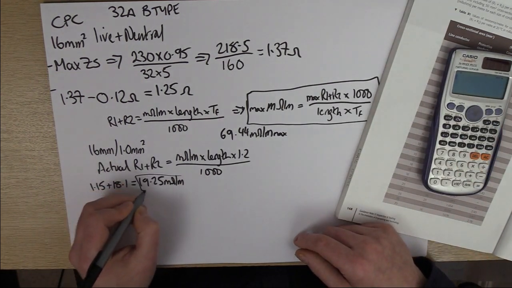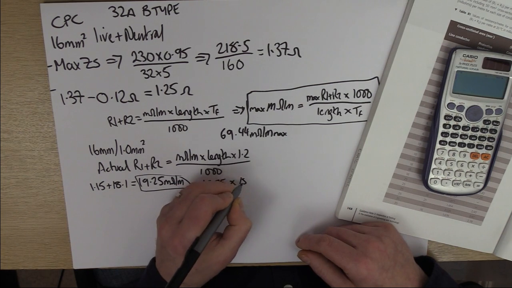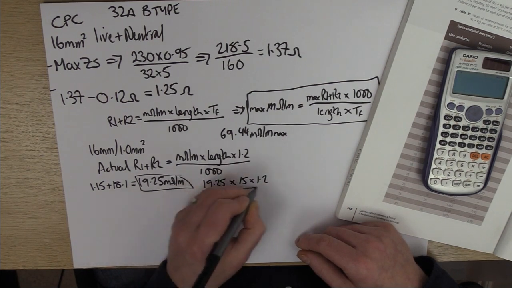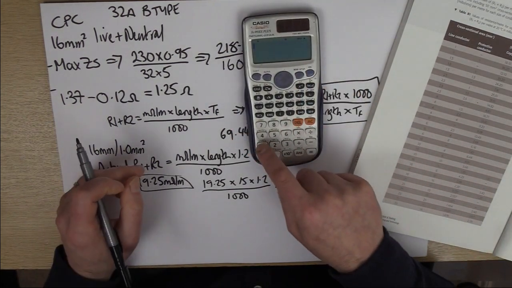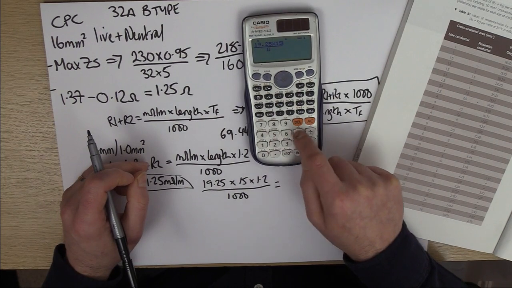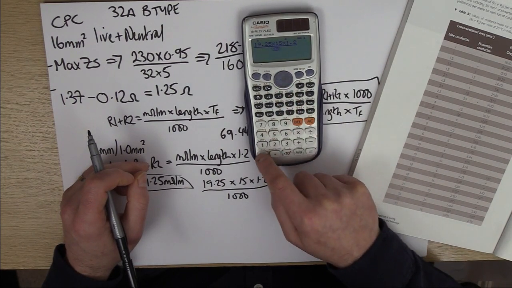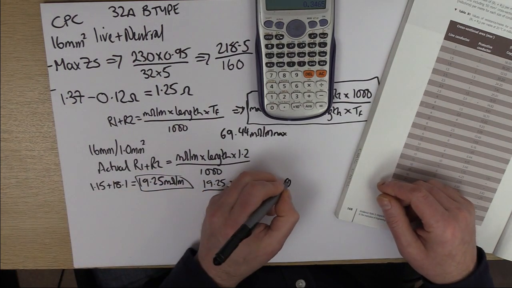So put that in, times our length, times our temperature factor. Let's see what we get. 0.35 ohms.